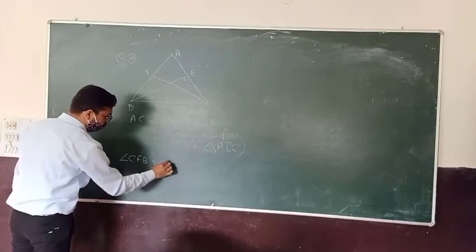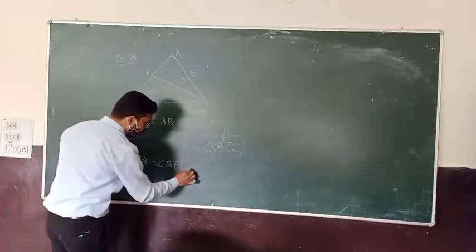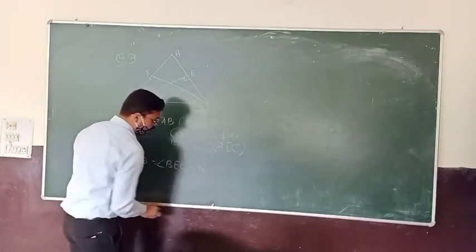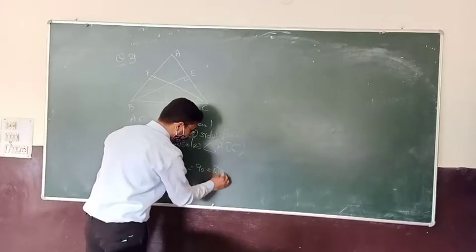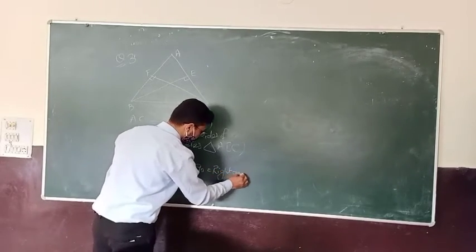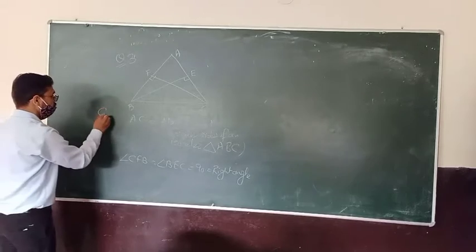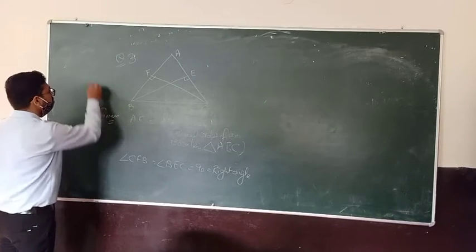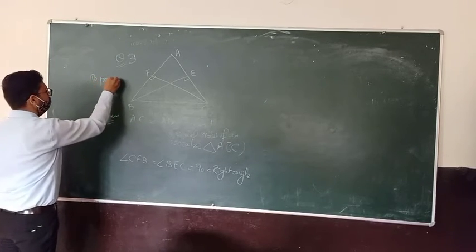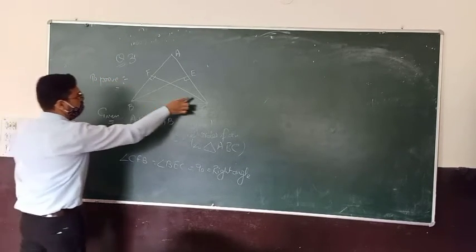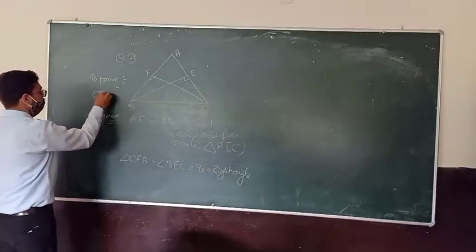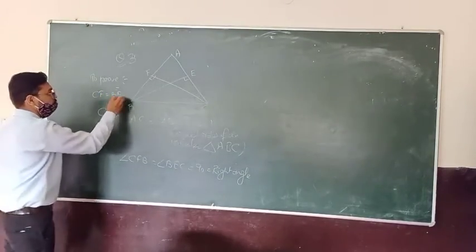Yes, sir. Correct. These two angles are 90 degrees, right angle. You have to prove, so these are given conditions. The thing you need to prove is CF is equal to BE.